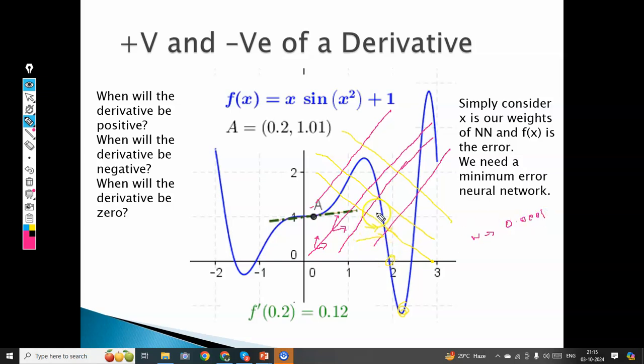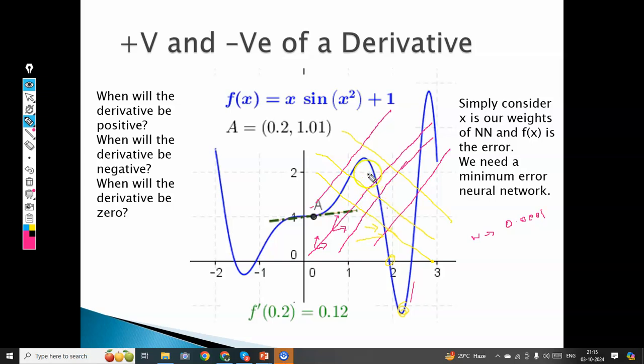Now we have to know in which direction we have to change our weight, whether in the positive direction or the negative direction. That purely depends upon the slope of our function.